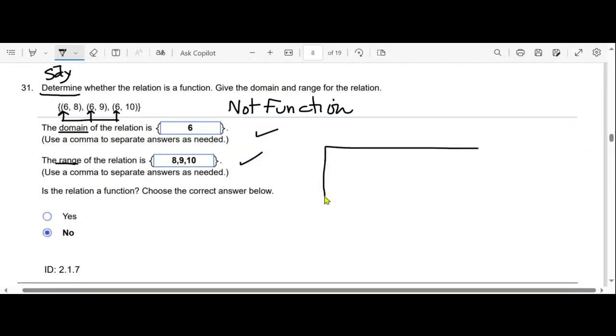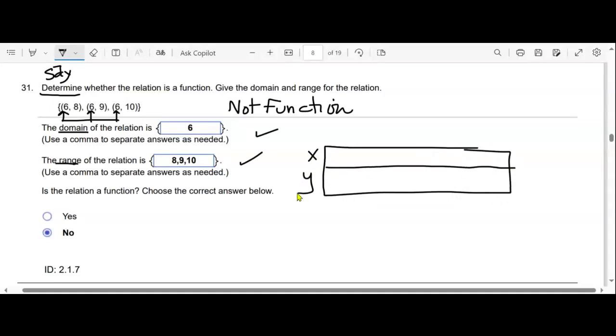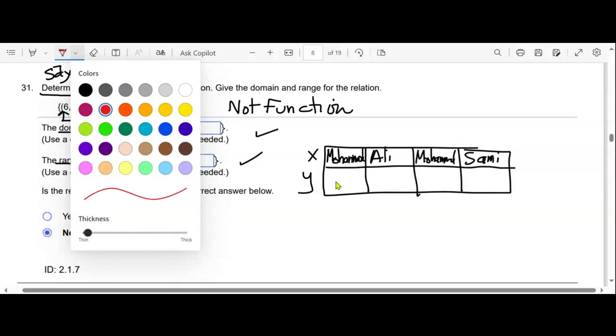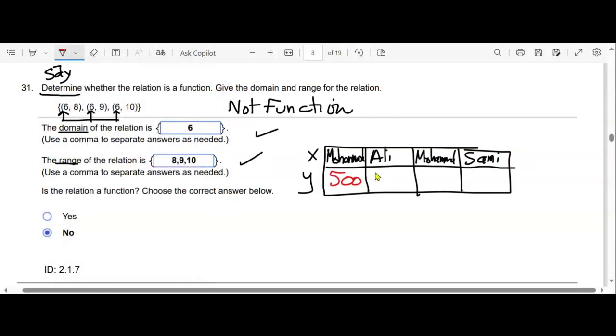What if I give you a table like this, for example? Okay, this is X and this is Y. And I write down here Muhammad, and I put Ali here, and I put Sami here, and I put money here in this one, maybe 500, maybe 30, 400, or 900.